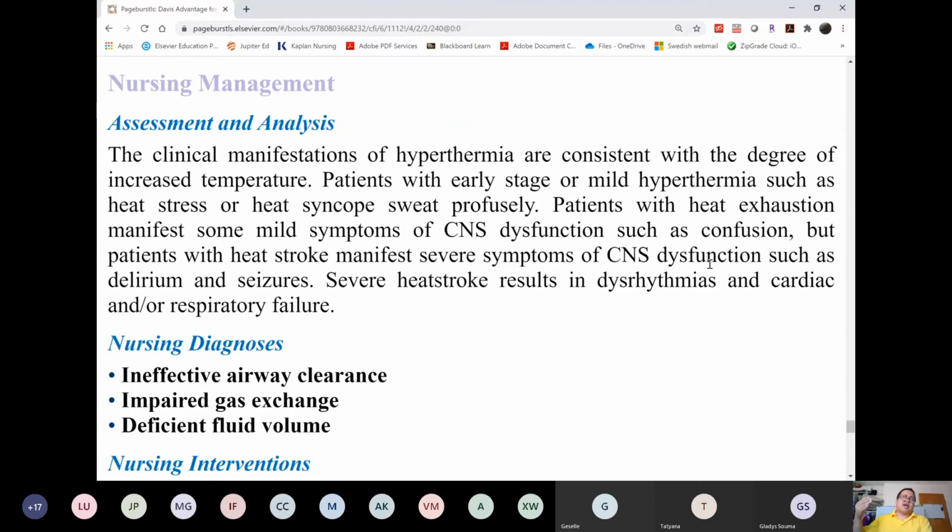Plus, if you add environmental temperature there, that will increase your body temperature higher. But again, the set point of your body never changed. The body temperature just got so high that your heat loss mechanisms can't keep up with it.